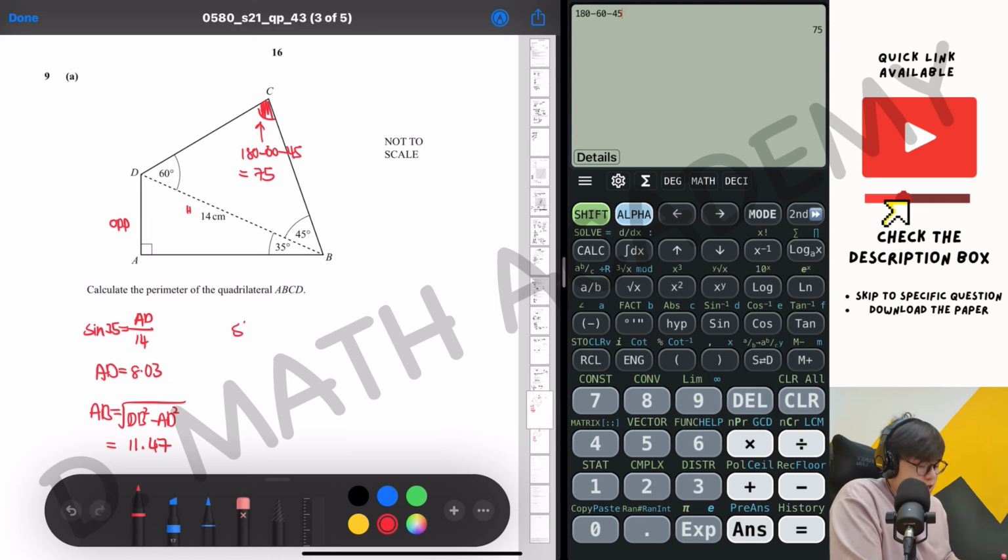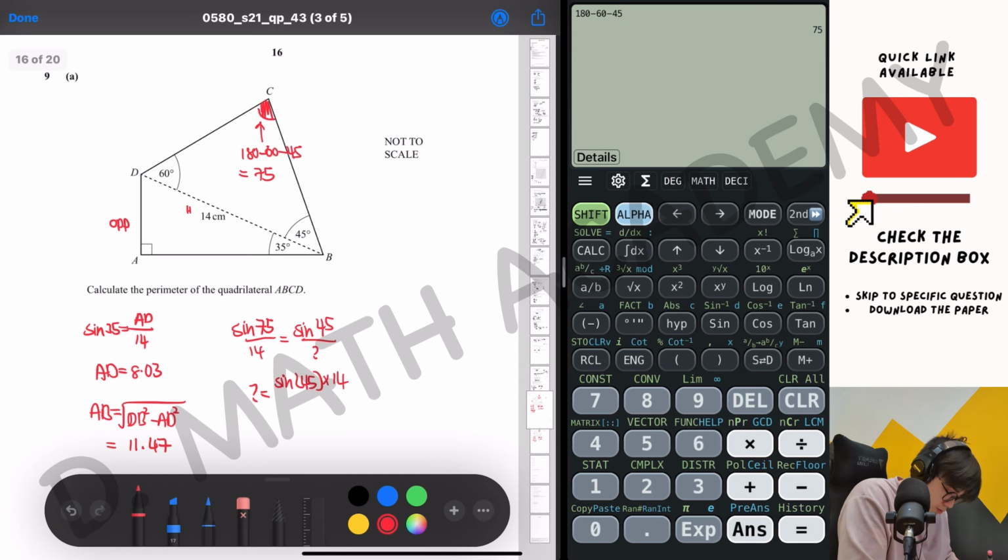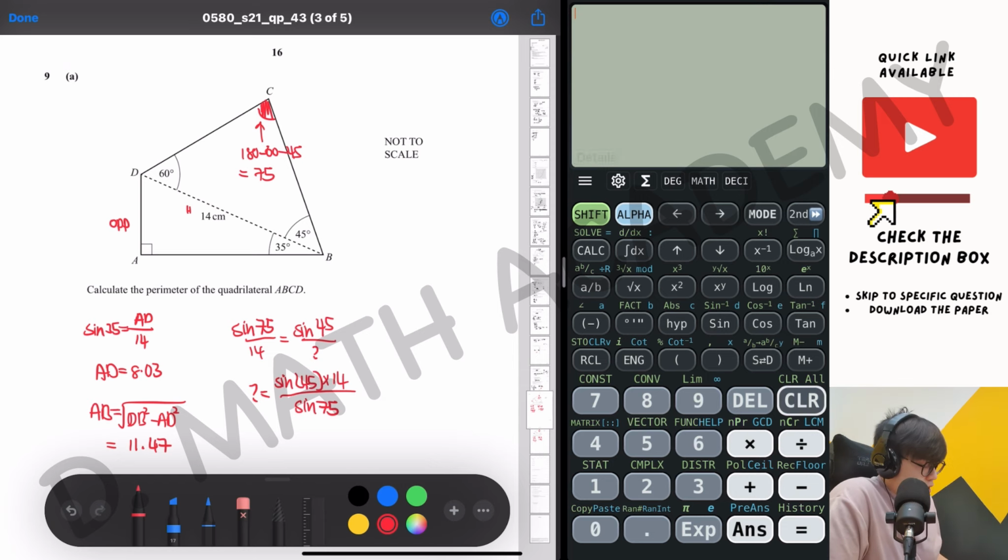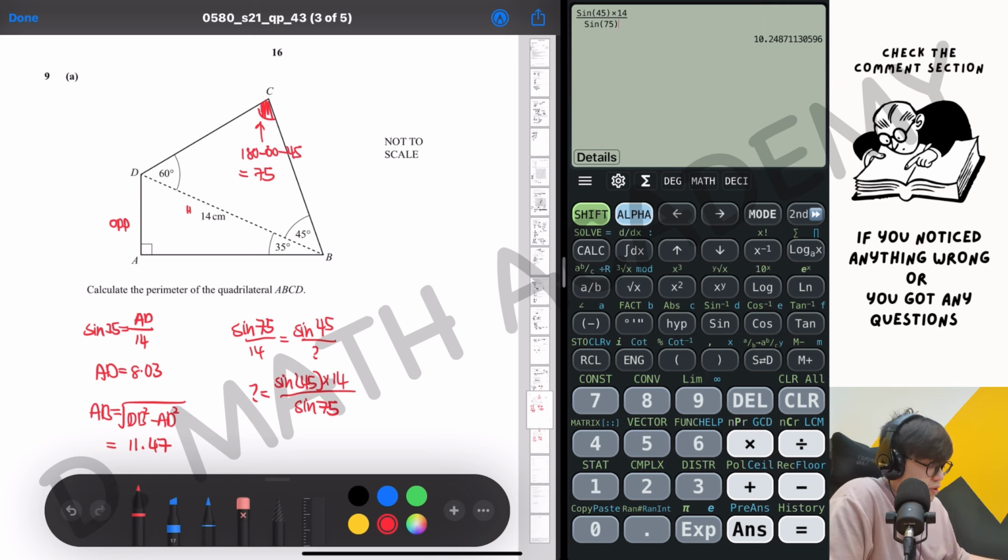So you have sine 75 over 40, sine 45 over unknown. Calculate this accordingly and you should be able to get the answer as 10.25. Okay, and fill up the blank.